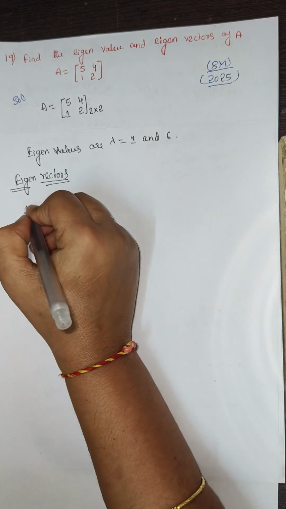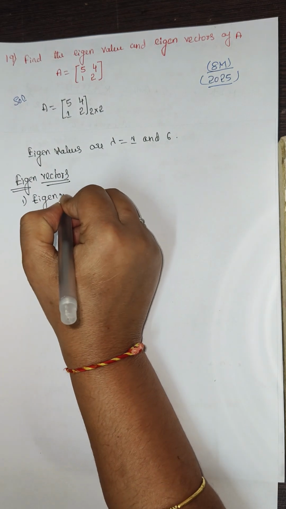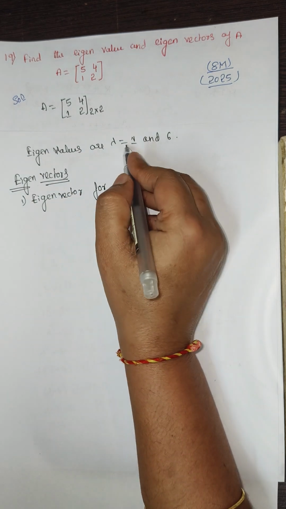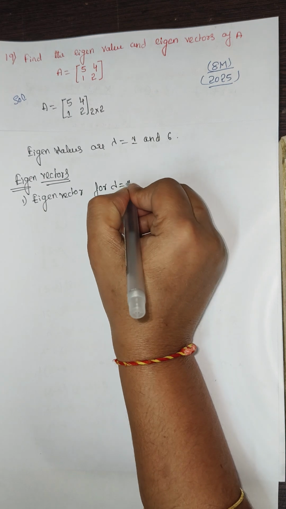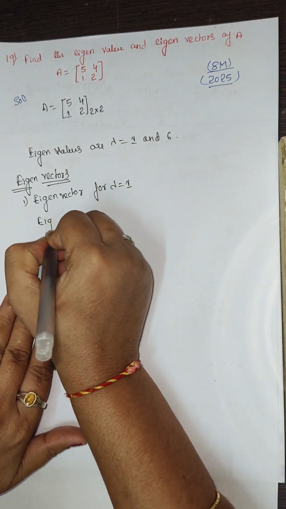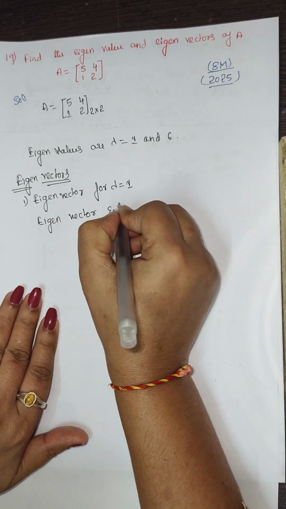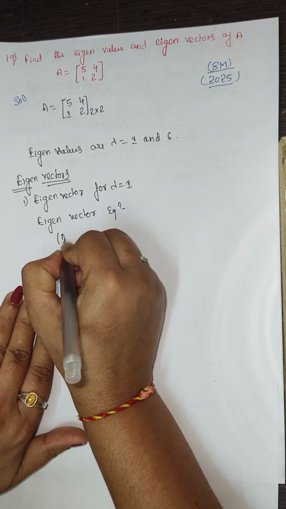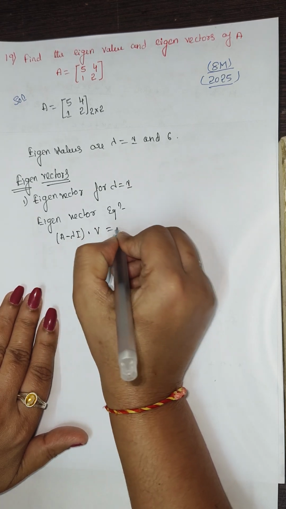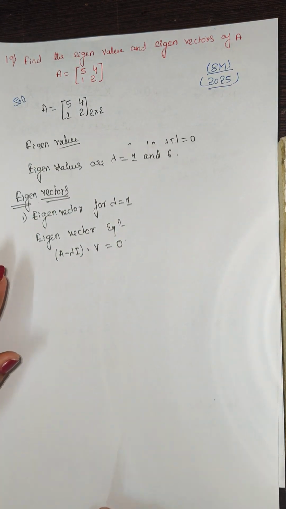So the first eigenvector is for lambda equals 1. The eigenvector equation is (A minus lambda I) into V equals 0. A minus lambda I, we already got that one.